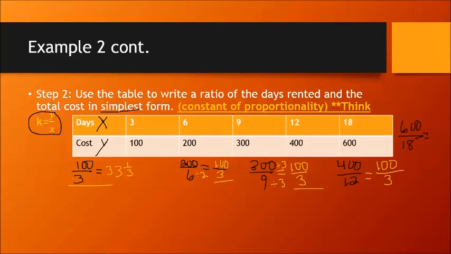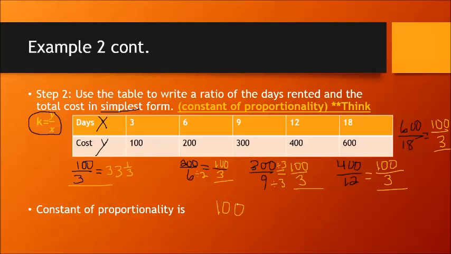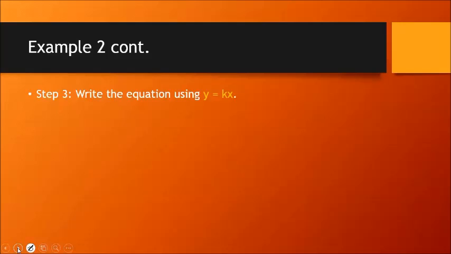If you divide by 6 on the top and bottom to get it in the simplest form, you get 100 over 3. Ta-da! So the constant of proportionality is 100 over 3, or, if you like mixed numbers, 33 and a third. Step 3, write that equation.